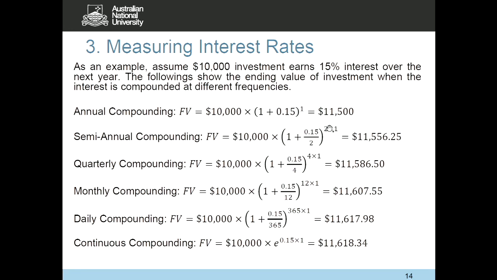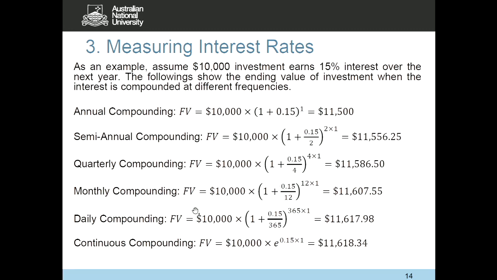So that's 1 plus 15% divided by 2, raised to the power of 2, and then that's your ending value. Same story goes for quarterly compounding. Quarterly compounding means that it's going to happen 4 times in a year, right? And each time is 15% divided by 4, and that's your ending value.